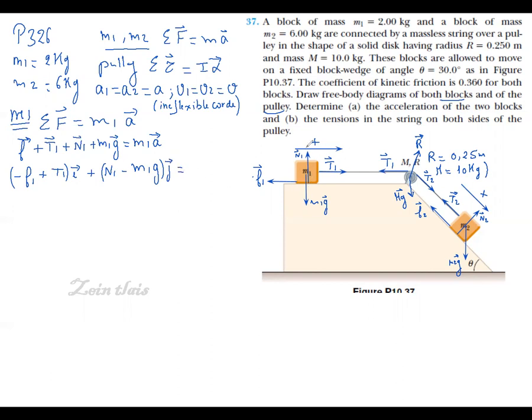As you see, we don't have a motion in the y direction, so we don't have AY. We have M1 AX, I mean A, because A equals the square root of AX squared plus AY squared. We don't have AY, so A equals AX. We can put A.